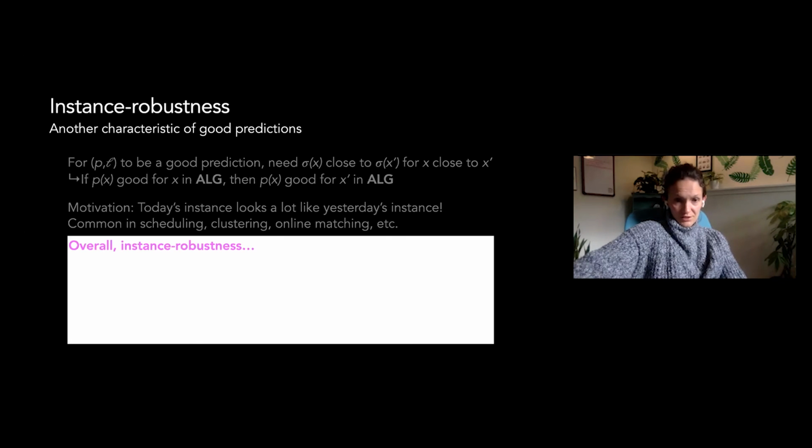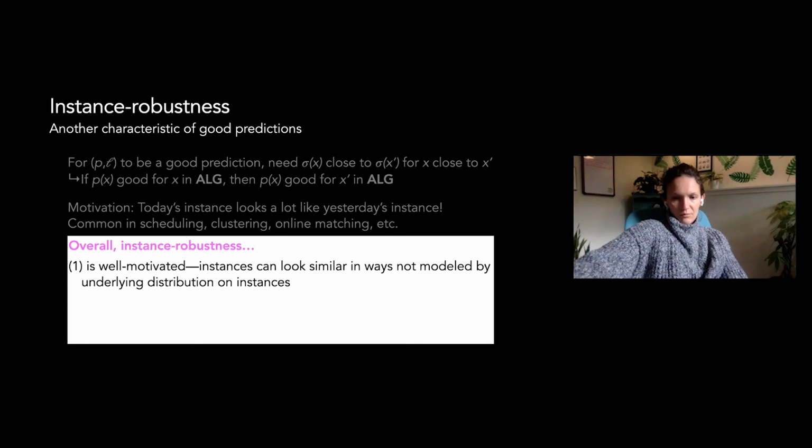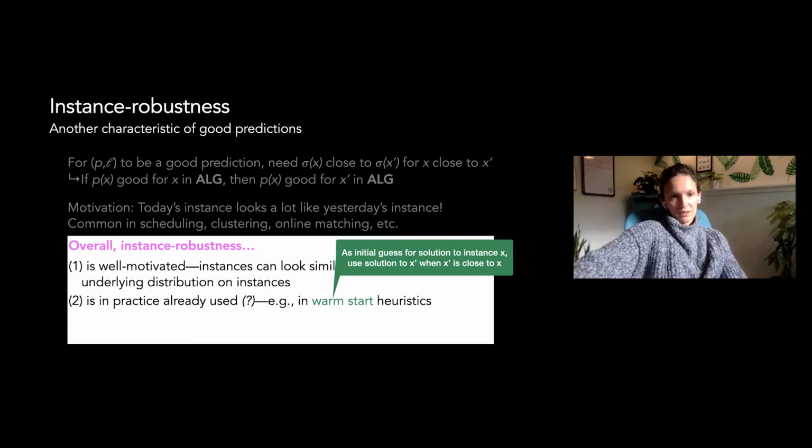So this is instance robustness. Overall, instance robustness is well motivated in the way that instances can look similar, but this isn't modeled by an underlying distribution on the instance space. It's kind of already used in practice if you think about it, which isn't something I ever hear people talk about, but you can think of it as the warm start heuristic.